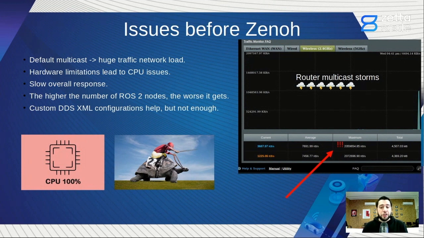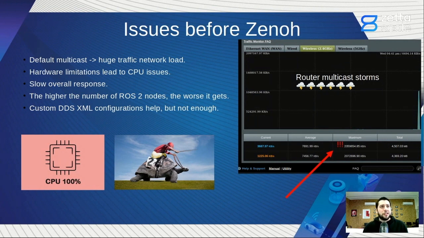And another issue is that DDS communication can cause problems in limited hardware. Things like CPU usage at 100% can happen if the discovery is too high, like it's trying to discover every single participant in the system.